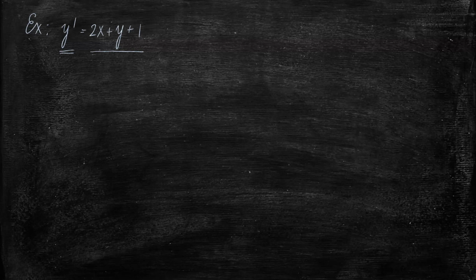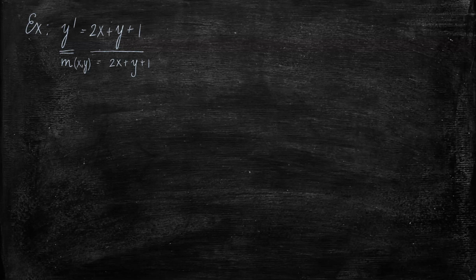Looking at it now, what do we see? On the left-hand side we have y prime, which represents the slope of the tangent line at the point x, y. And on the right side, we actually have a formula that tells us how to find the slope of the tangent line at that point.